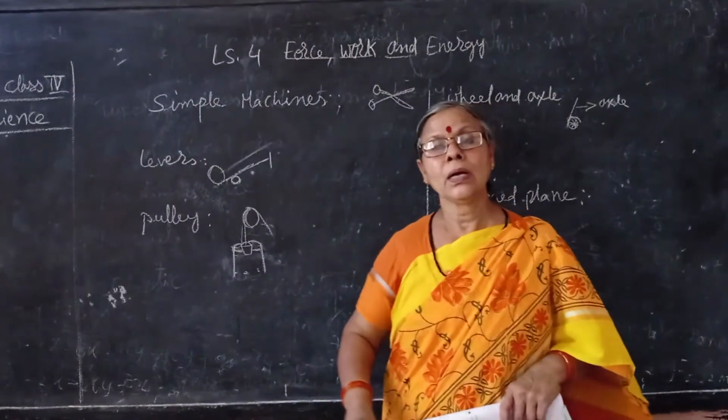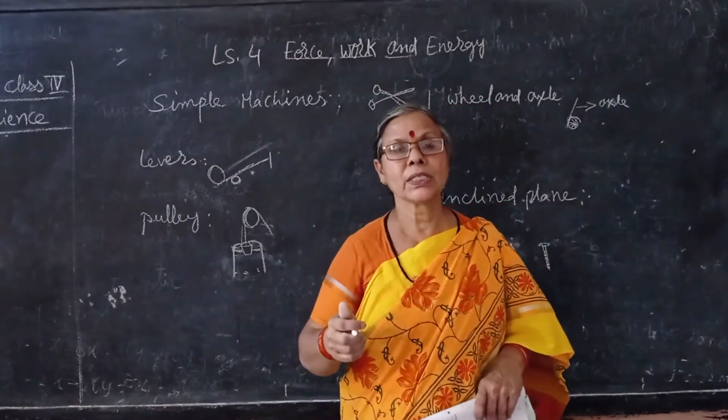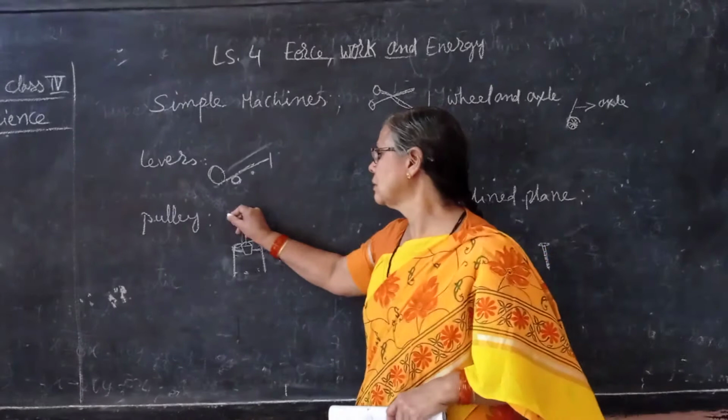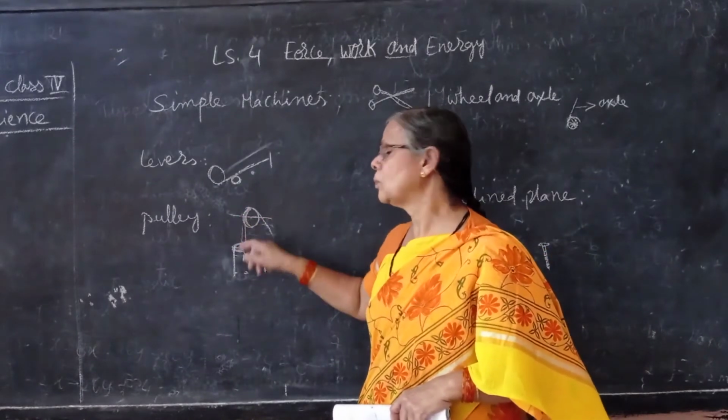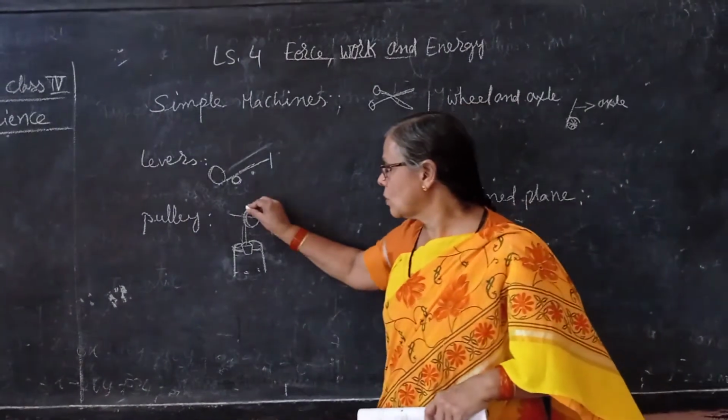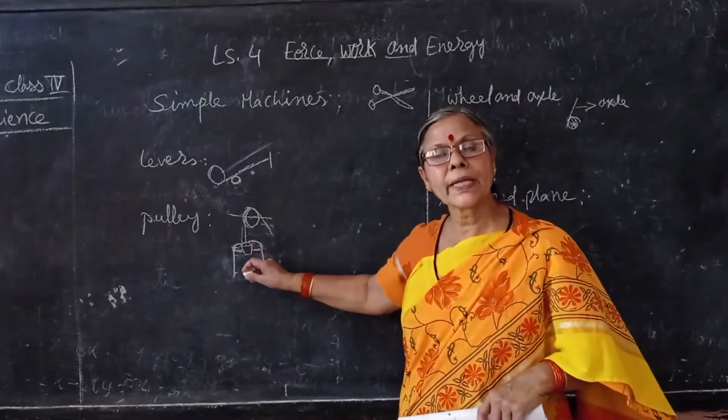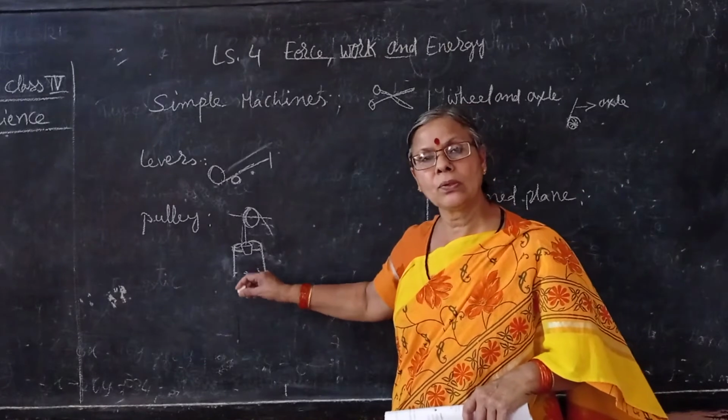What is a pulley? A grooved wheel hung on a rod is called a pulley. It is a grooved machine. To take out water from a well, will you go down and get it?